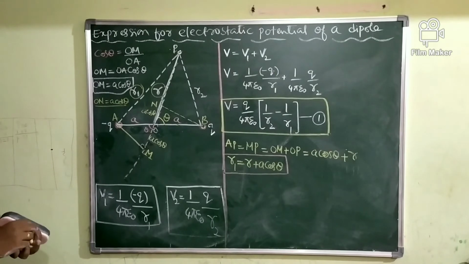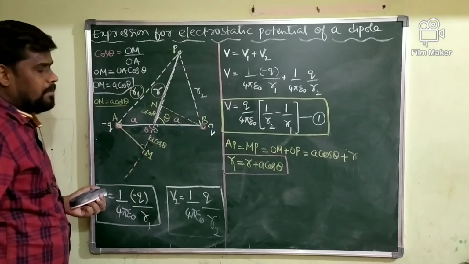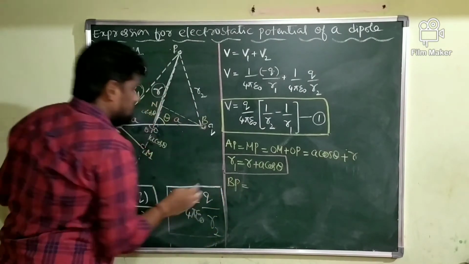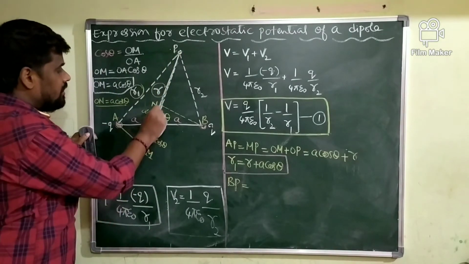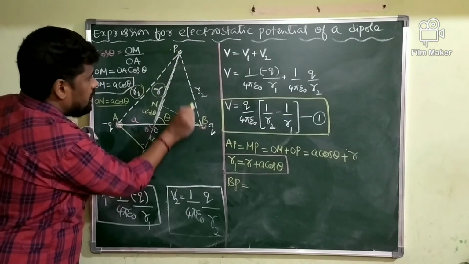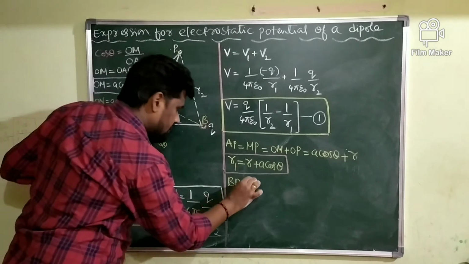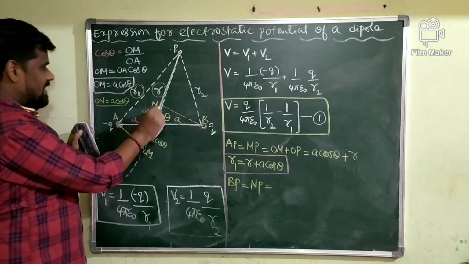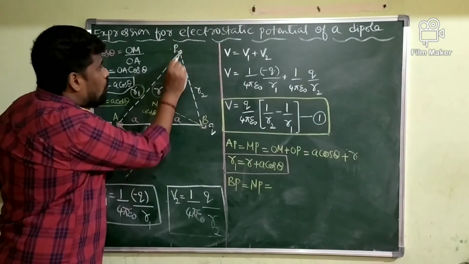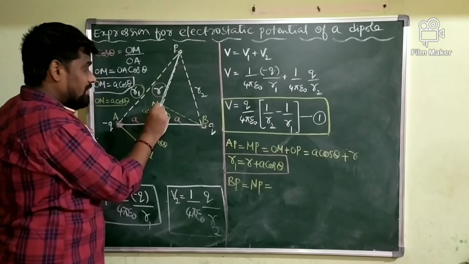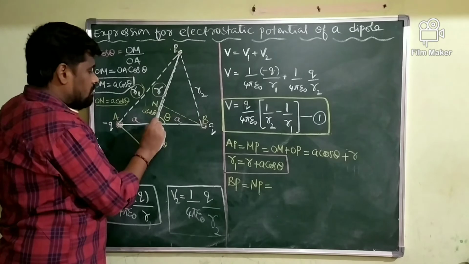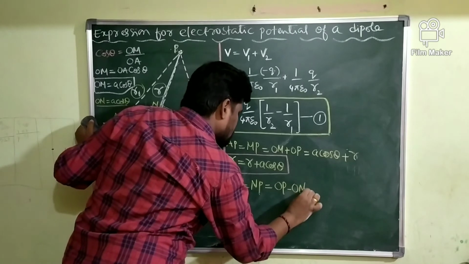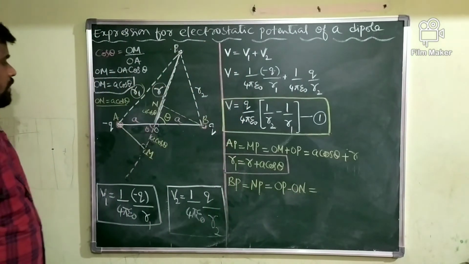Next, similarly, tell me the value of BP. BP value is nearly equal to NP, which can be written as OP minus ON. What is OP?